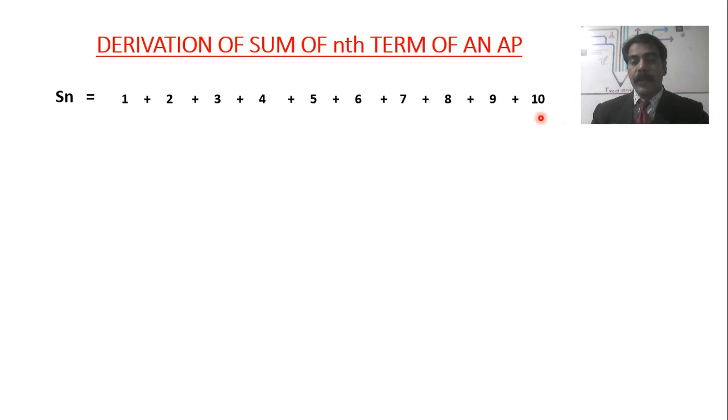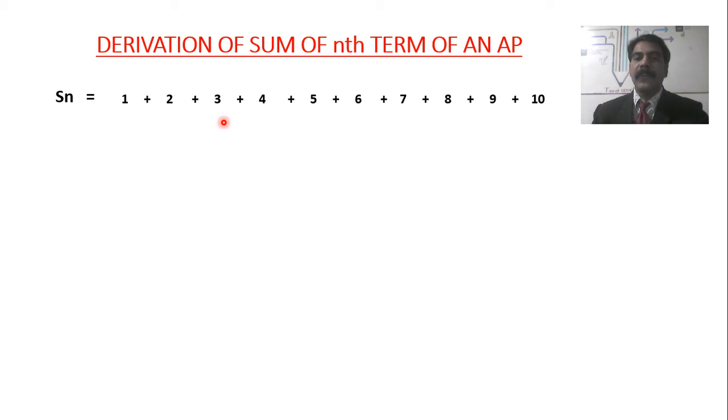Students, why do we have to derive a general formula? The reason is that if I ask you to find out the sum of the first 50 natural numbers, you can use a calculator and add 1 plus 2 plus 3 plus 4 plus 5, and then you can answer it. If I ask you to find the sum of the first 100 natural numbers, you can do it by using your calculator.